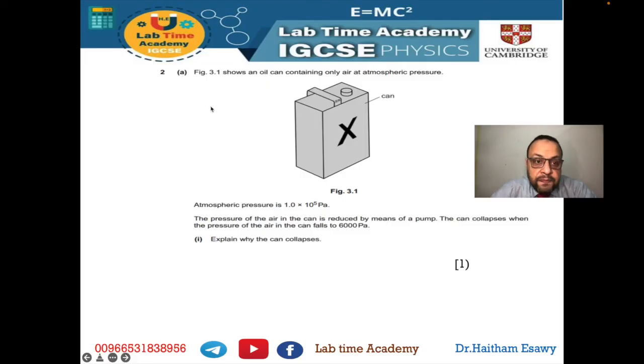Two. A. Figure 3.1 shows an oil can containing only air at atmospheric pressure. Atmospheric pressure is 1.0 times 10 to the power of 5 Pascal. So here we have the atmospheric pressure, P atm.